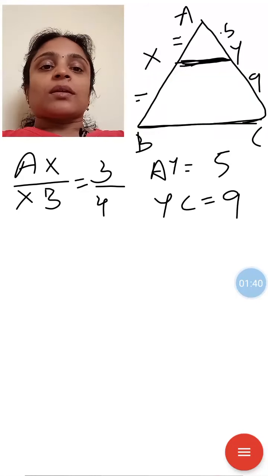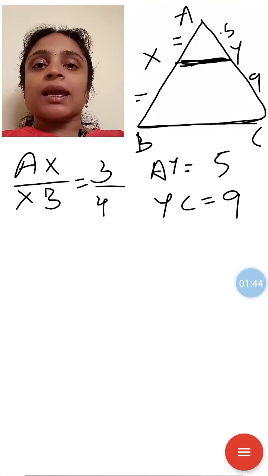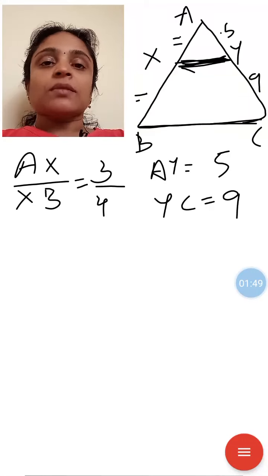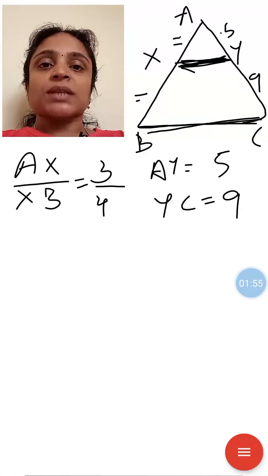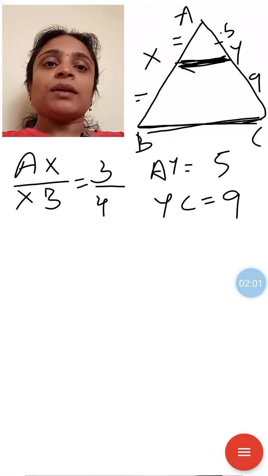So, the basic proportionality theorem or Thales theorem states that if a line is drawn parallel, so if this line is parallel to this line, then the ratio of the other two sides should be proportional. That is, AX by XB should be equal to AY by YC. So here AX by XB equal to 3 by 4.